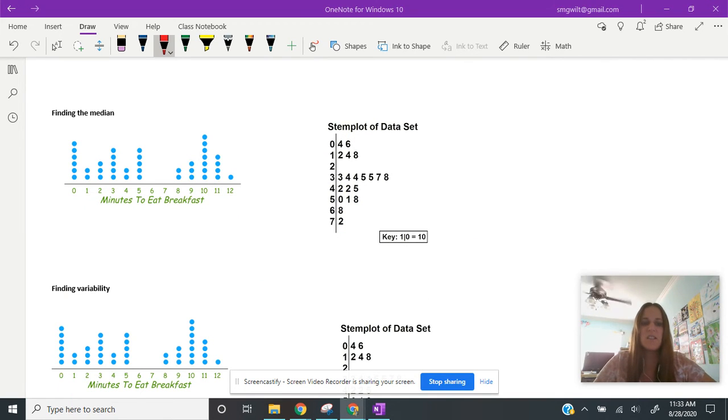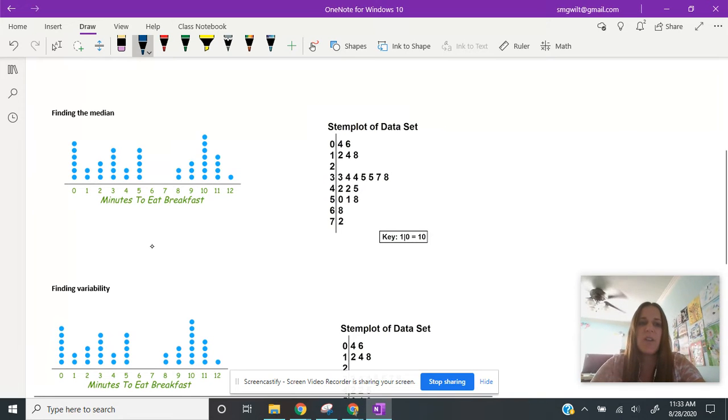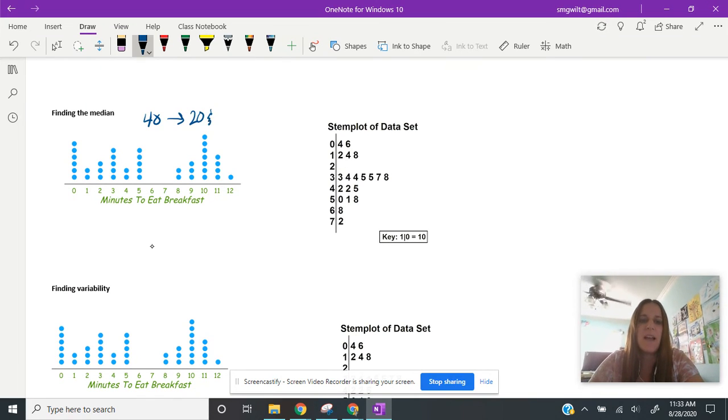So the next concept that I wanted to go over was finding the median. When I'm finding the median on a dot plot, remember that we already know that there are 40 dots on here. That means the median would be between the 20th and the 21st dot, because that's the middle, right? 50% is 20, the other 50% is 20.